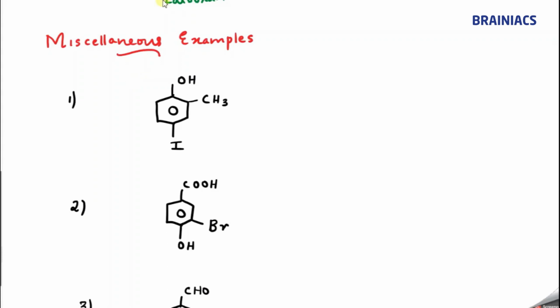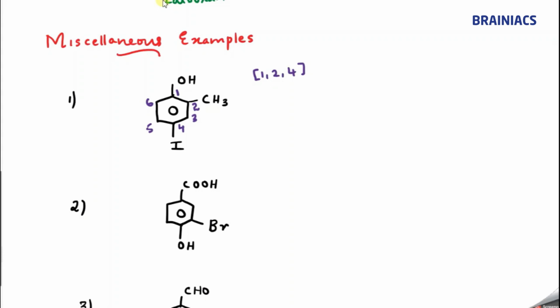So first question, you have OH, CH3 and I. Who is the functional group? OH. So that should get the most preference. 1, 2, correct? Then 3, then 4, then 5, then 6. So this is the lowest possible locant, 1, 2, 4. So what should be the name of this compound? At second position and fourth position, you have substituents. So 2 methyl and 4 iodo.